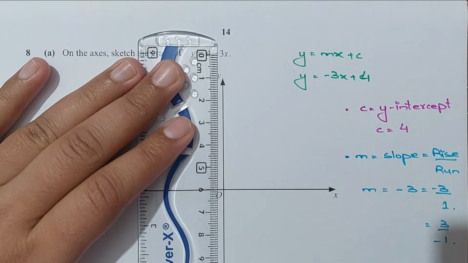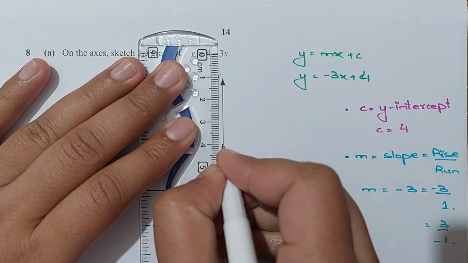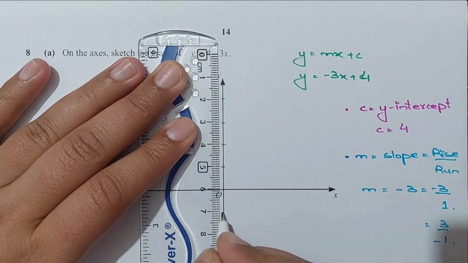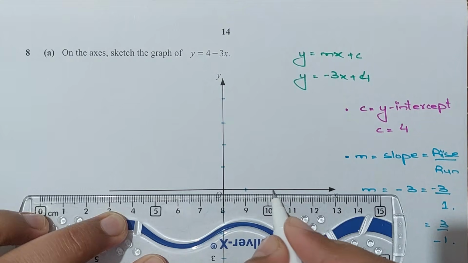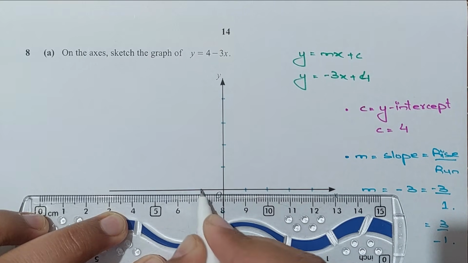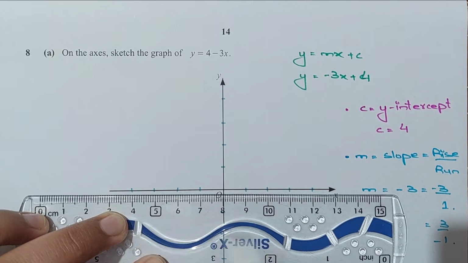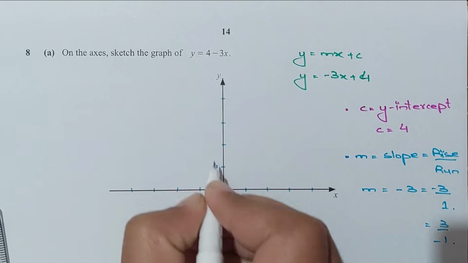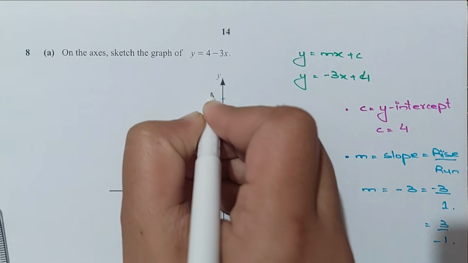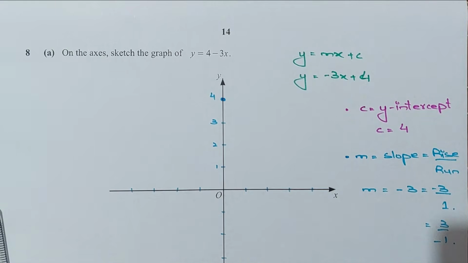Just a rough sketch. This is 1, 2, 3, 4 on each axis. The y-intercept is 4, so let's mark this as the y-intercept. The slope is minus 3 over 1.